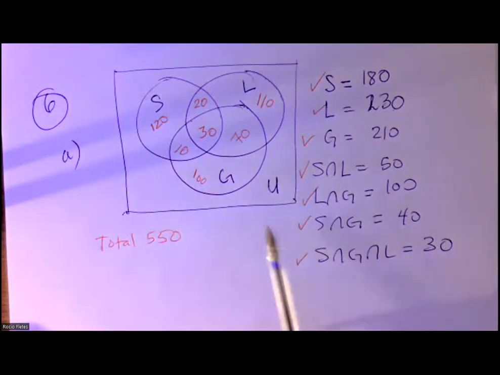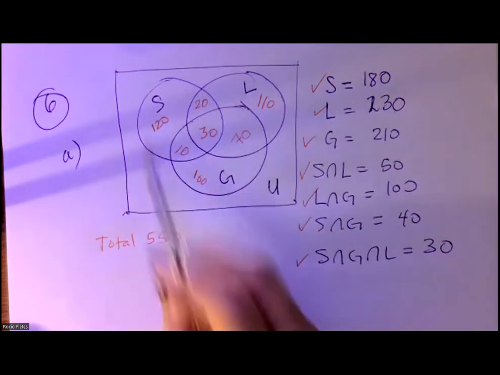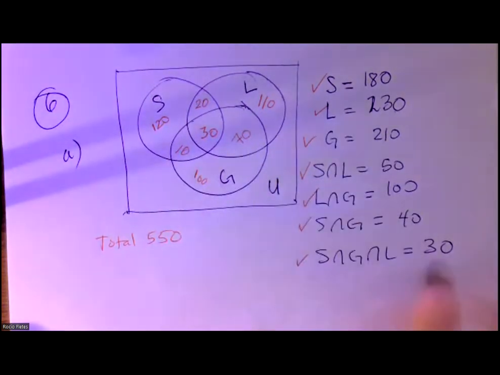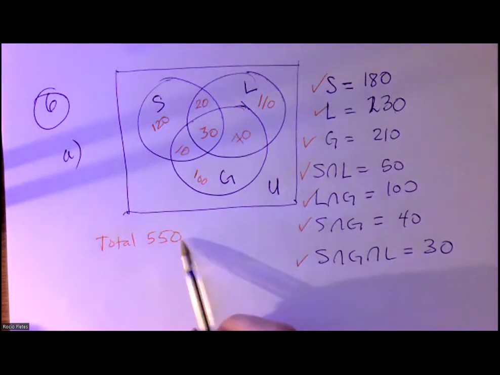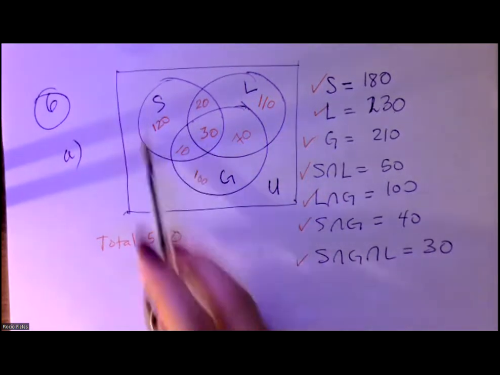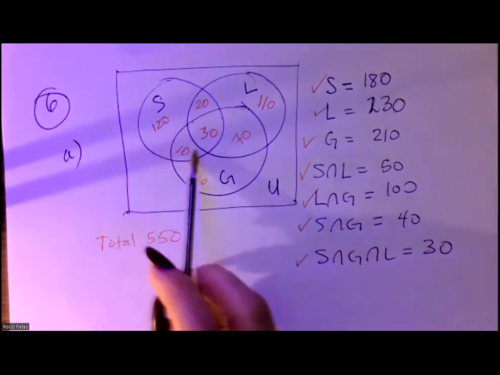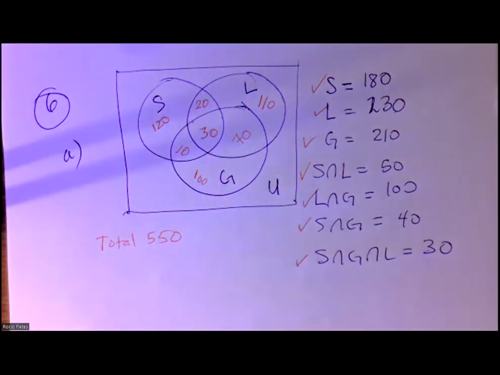So we need to see how many are outside of the 3 sets, right? How many did not receive any of them? In other words, they paid with their own money, or maybe they had a relative pay for it. So let's figure that out. So 550, and then we have to add all of these, right? So we have to add 120, 10, all of that. So let me see what I get.